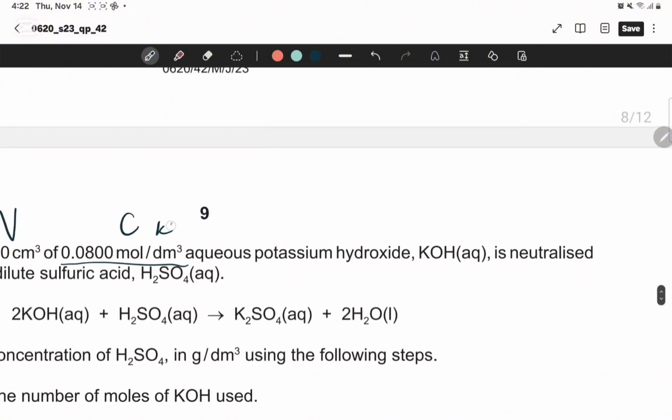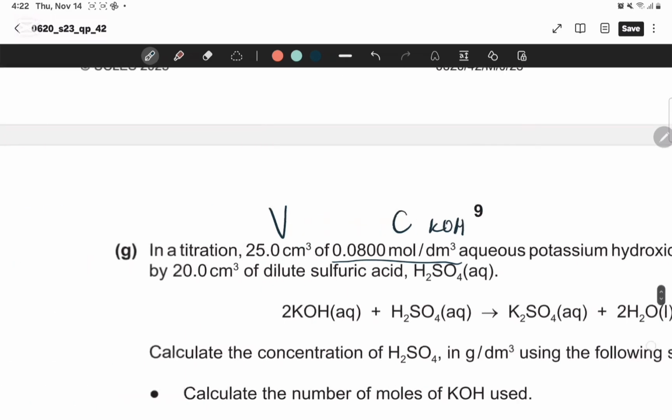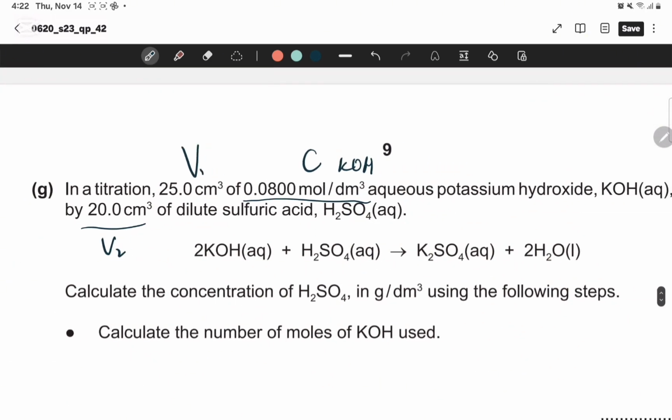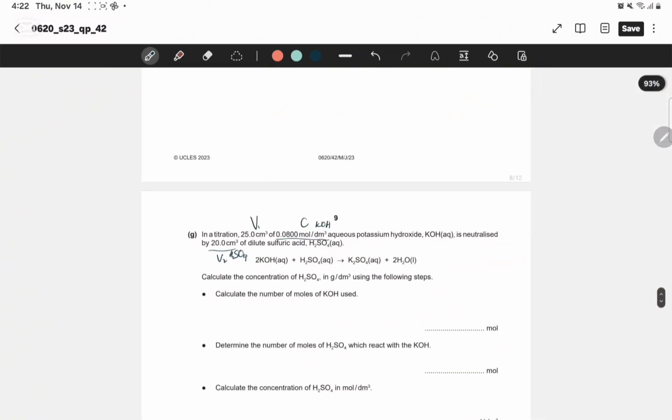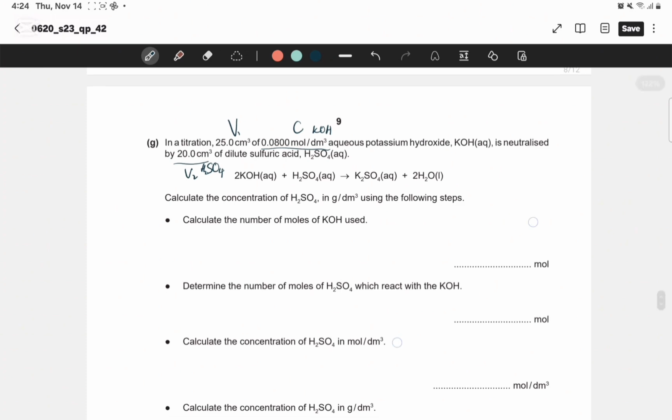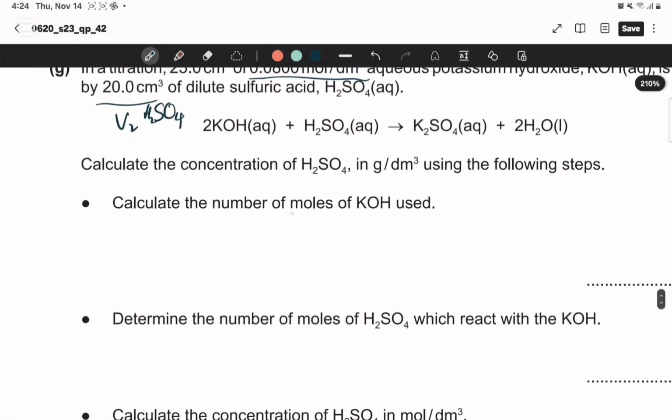Then it's neutralized by V2 of H2SO4. Now here they want you to calculate the concentration of H2SO4 in grams per decimeter cubed using the following steps. First, calculate the number of moles of KOH used.